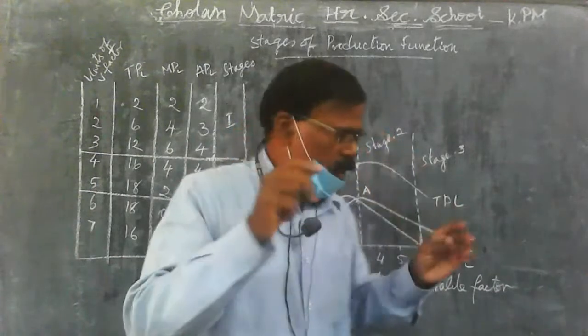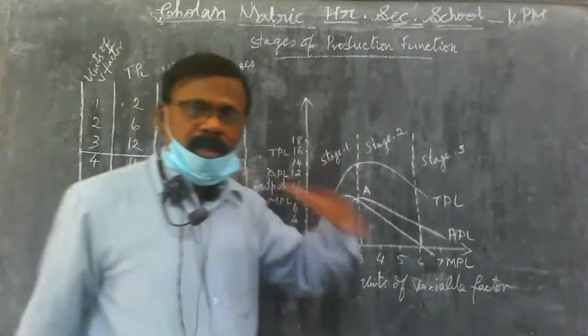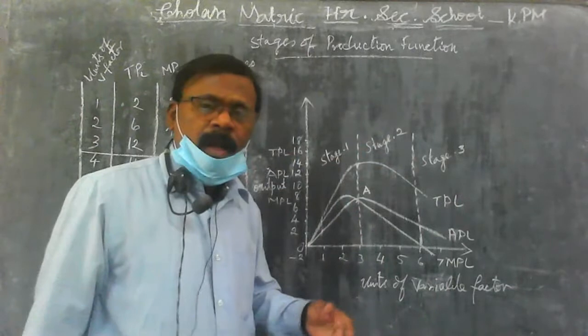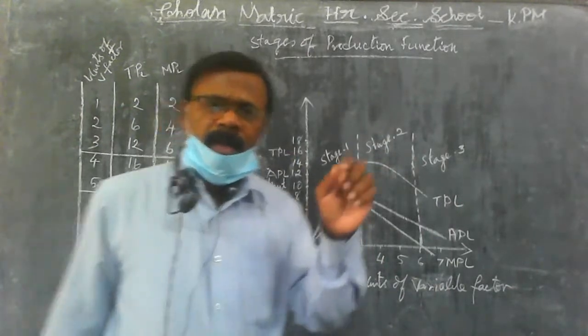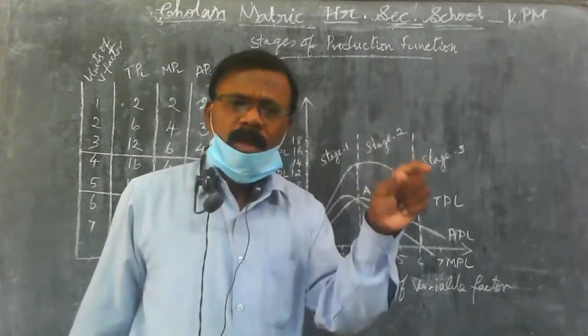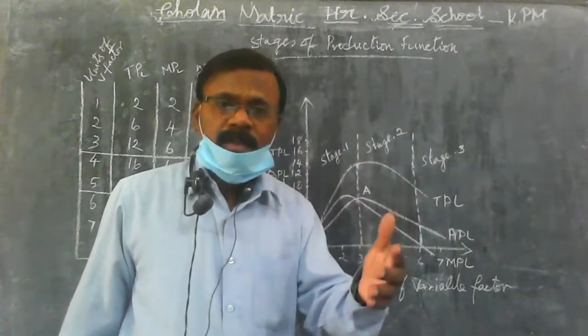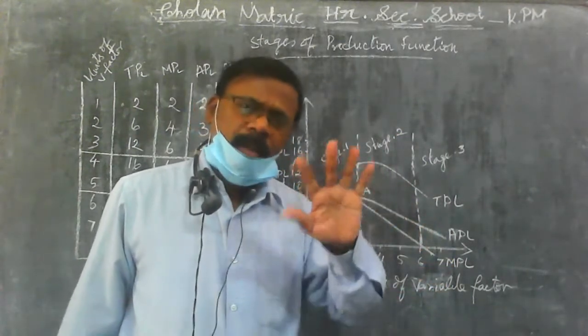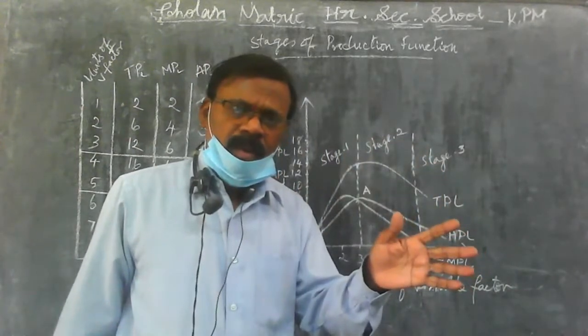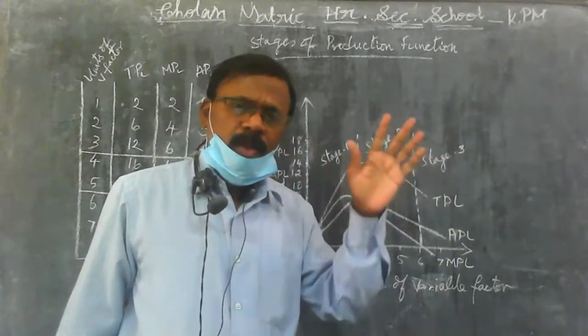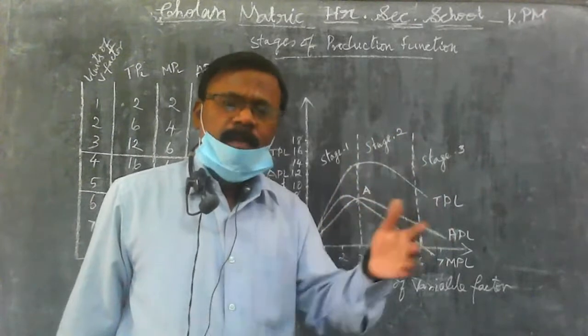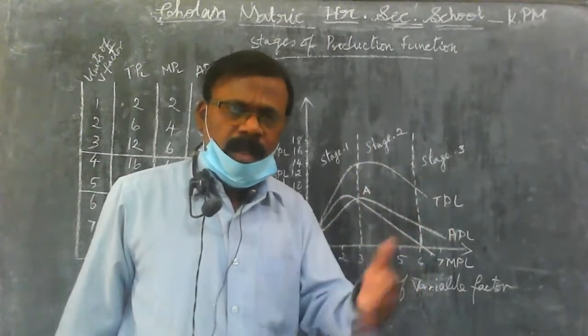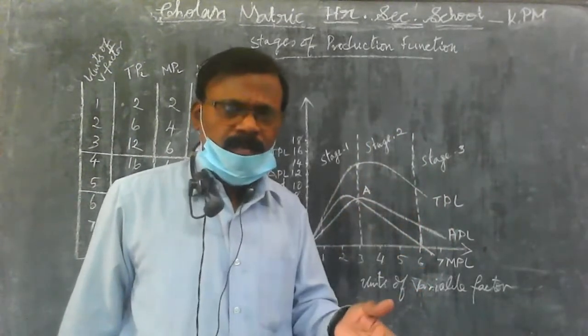So be attentive. While discussing the production function, I told you the meaning of production. Production means the creation of utilities for consumption. Now there are four factors of production, which are used in the creation of commodities.